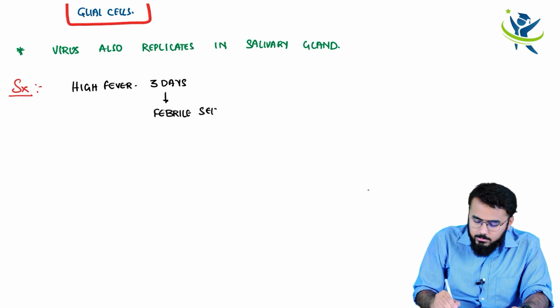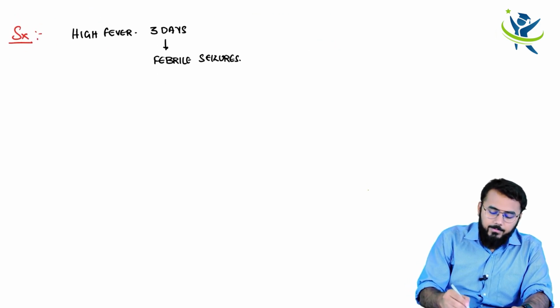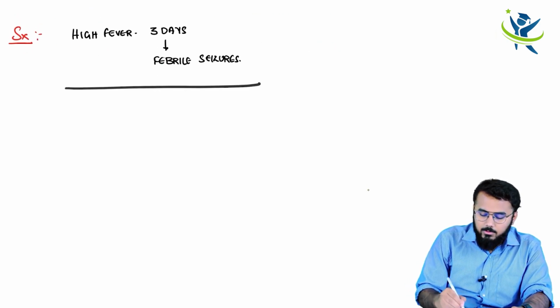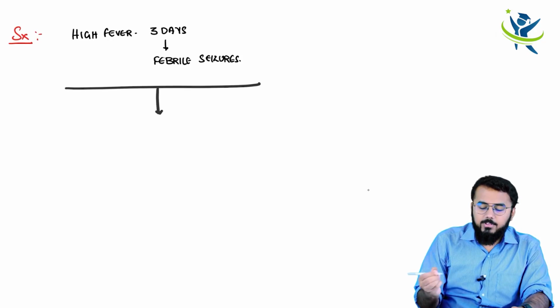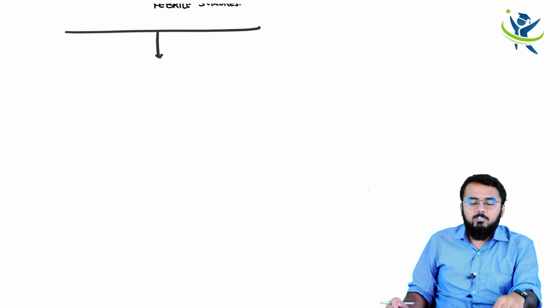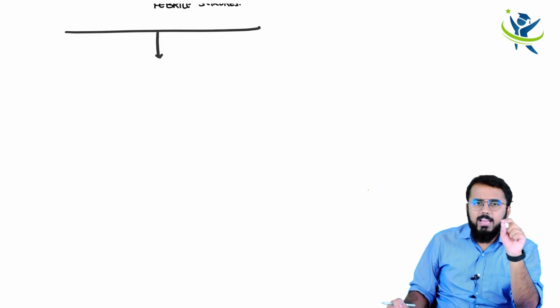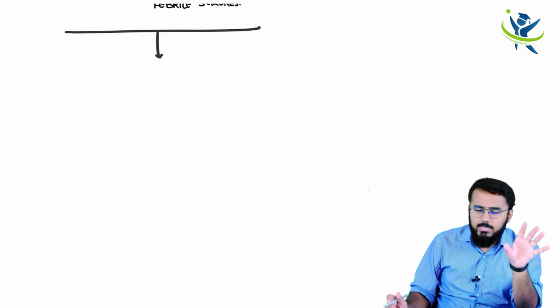Febrile seizures. Now once the fever has disappeared, for example, when the symptoms of the fever resolve, after fever the next stage will be rash formation. Okay, there will be light pink rashes which are also called as morbilliform rashes, light pink, that will be developed on the trunk.